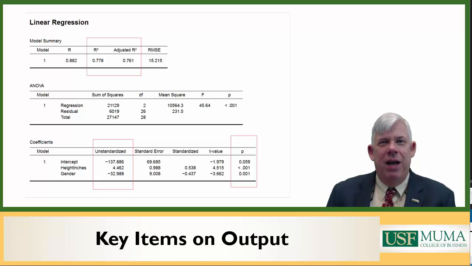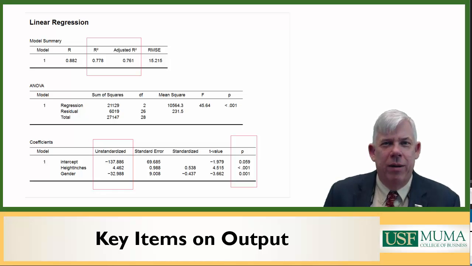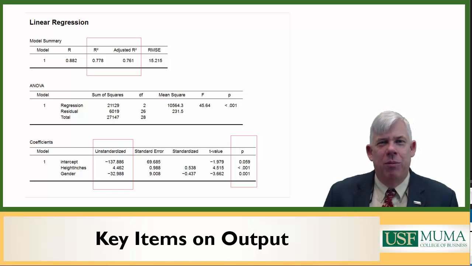So there is a value called adjusted R squared, which is always a little smaller than R squared, and it reflects the fact that you lose a certain number of degrees of freedom when your number of coefficients approaches the number of observations.